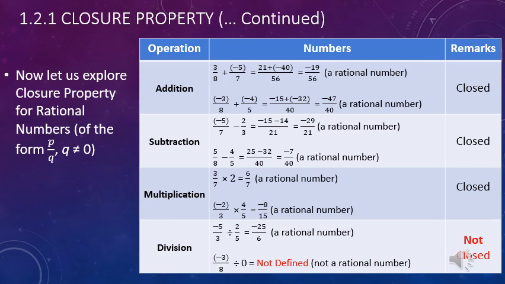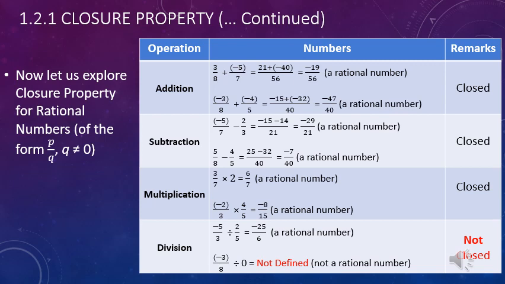Now consider multiplication. Here also we see that when any two rational numbers are multiplied, we always get the result as a rational number. Hence, rational numbers are also closed under multiplication.